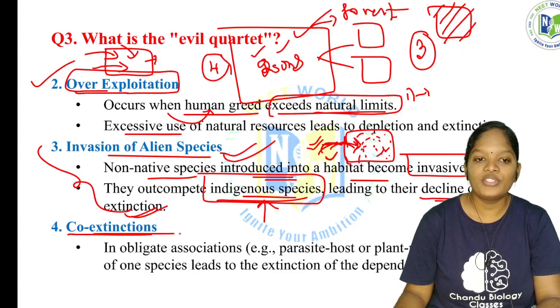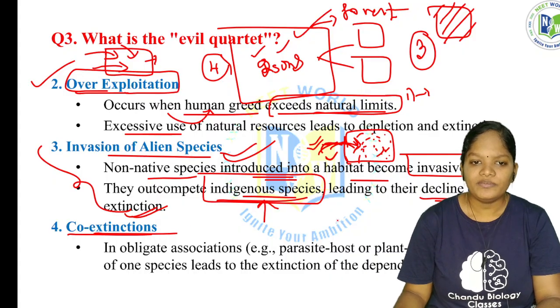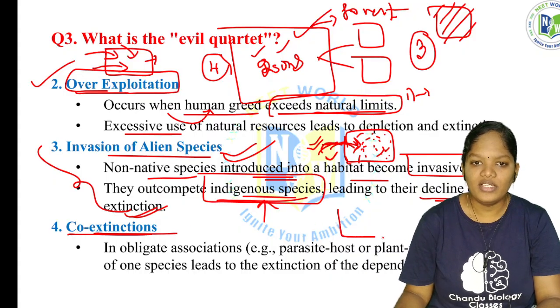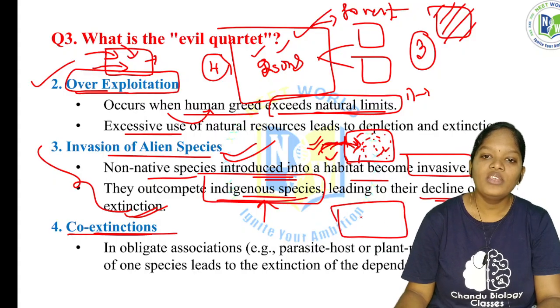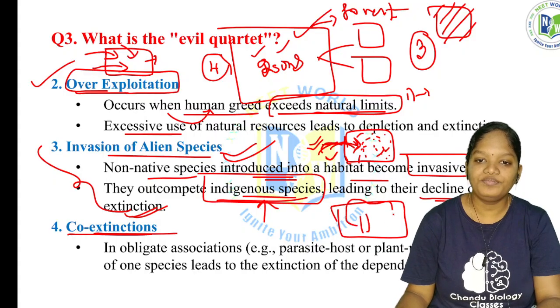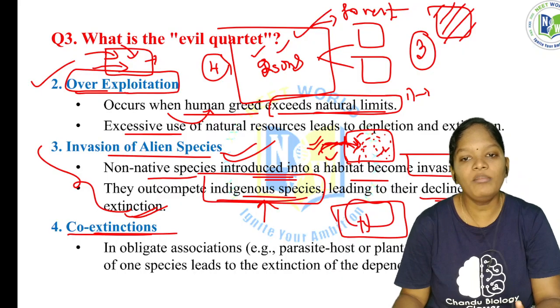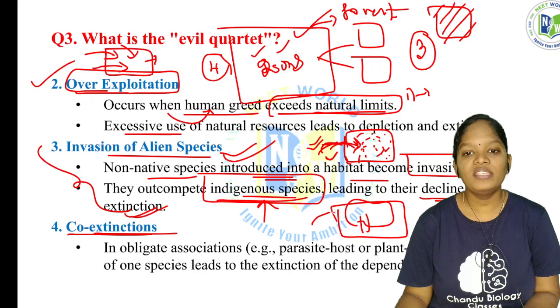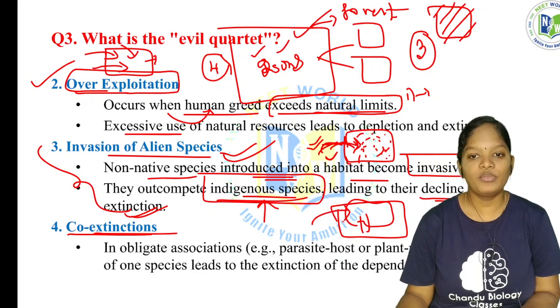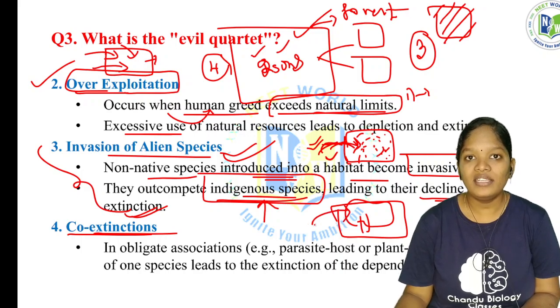Now, coextinction. What is meant by coextinction? Consider an ecosystem where we have a plant. Whenever an insect comes for the pollination process, the insect will seek the plant for taking the nectar, the honey.